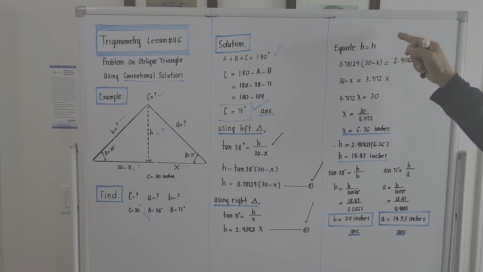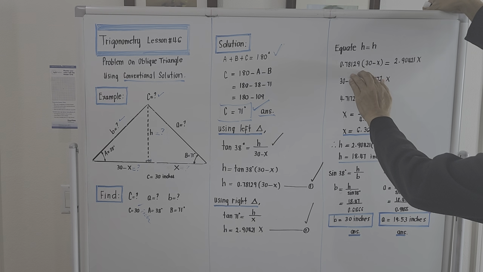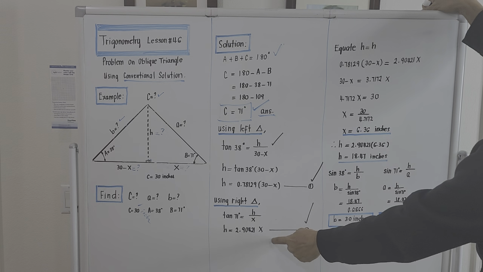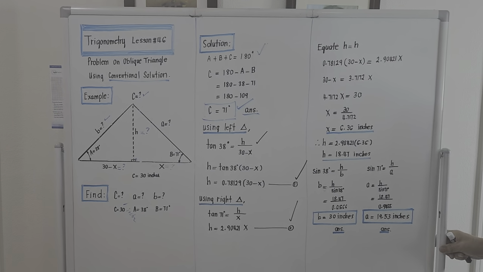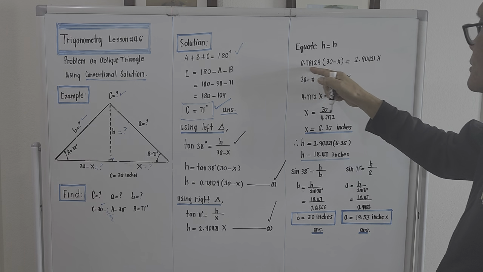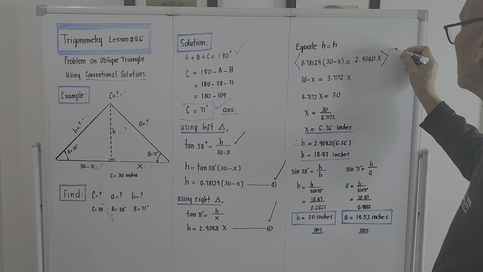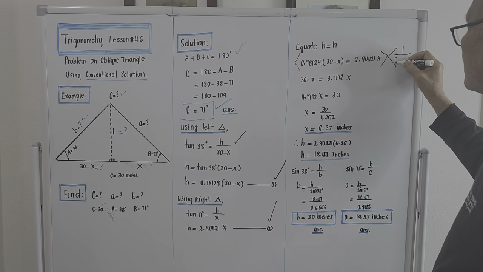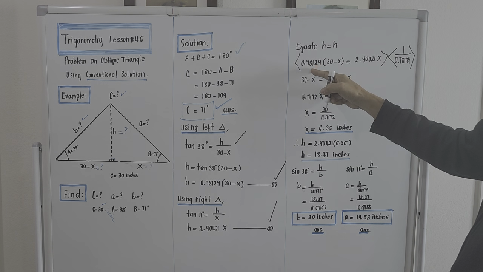So equating h to h, the first equation is 0.78129 times the quantity 30 minus x equal to the value of h using equation number 2, 2.90421 times x. Then I would like to eliminate this 0.78129, so I will multiply the whole equation by its reciprocal, 1 over 0.78129.